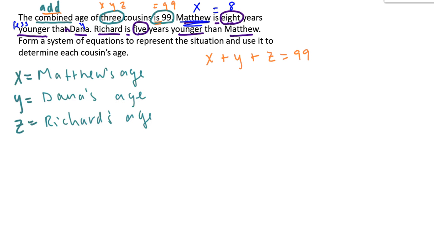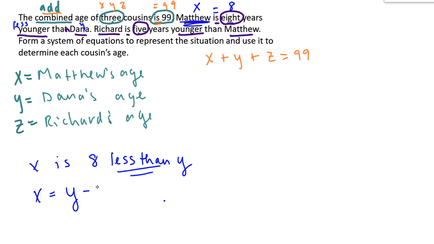Dana was Y. So it says that X is 8 less than Y. Now I'm not using subtracting here because it's not 8 subtract Y. If you are 8 years younger than Dana, then whose age is bigger? Well, Dana's older. So it's actually going to be X equals Dana's age, Y, minus 8. So 8 less than actually swaps them. I hope that reminded you of that. So there's our next equation: X equals Y minus 8.